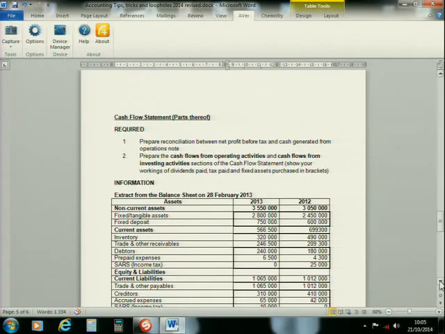But these other items, interest expense, dividends paid, tax paid, will all be outflows. That means you have to put all those amounts in brackets. We'll talk about the application of brackets hereafter. And this will be followed by cash flow from investing activities.